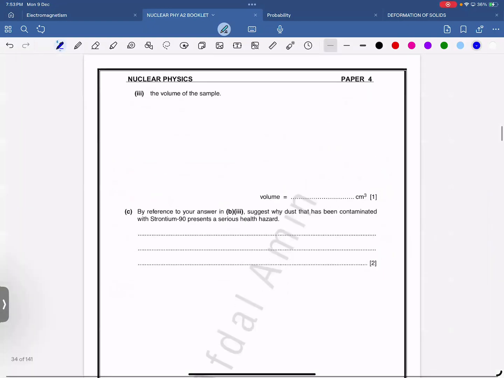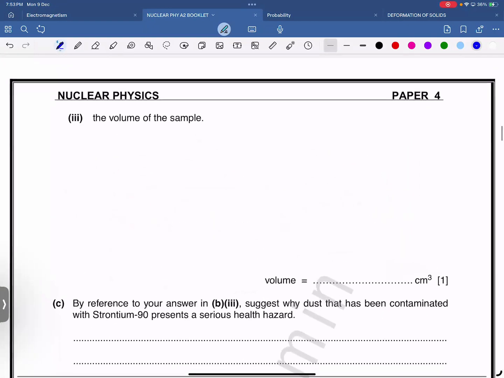Next question. Volume, density now. So we don't need to make any conversion. You already know, my dear students, that density equals mass over volume.